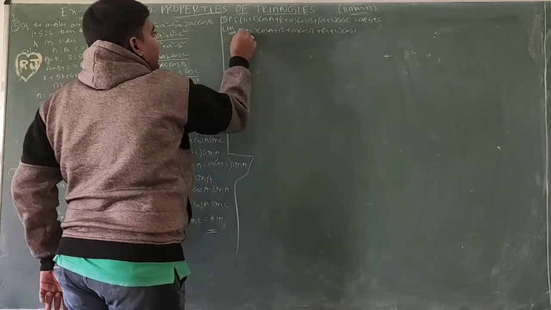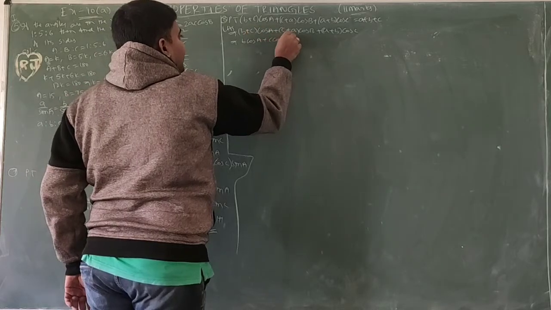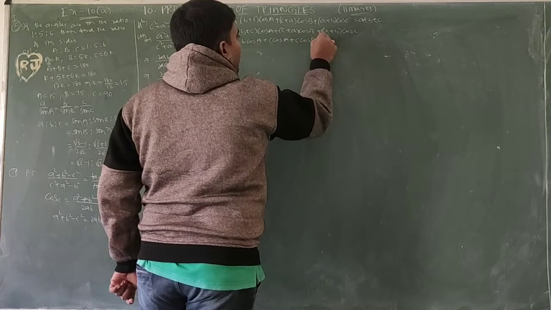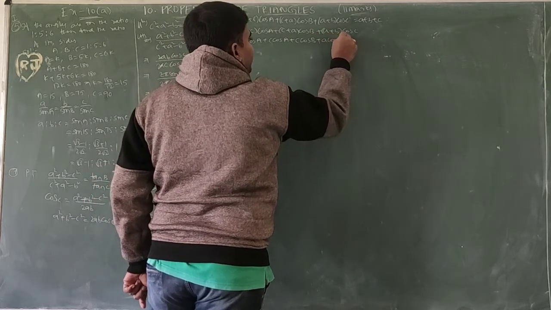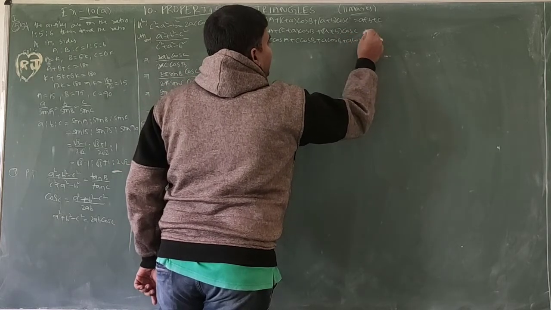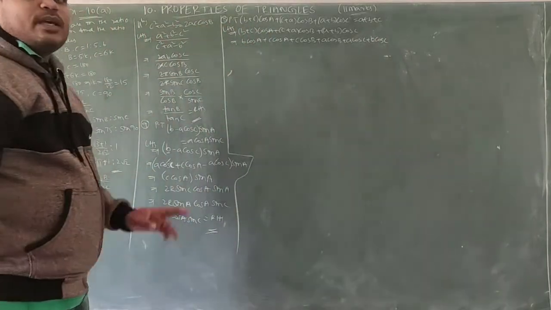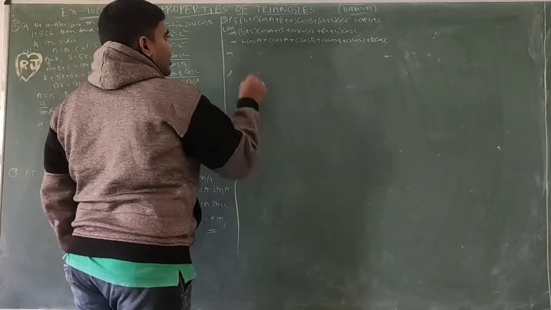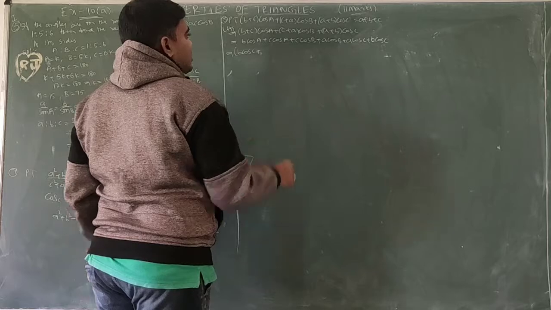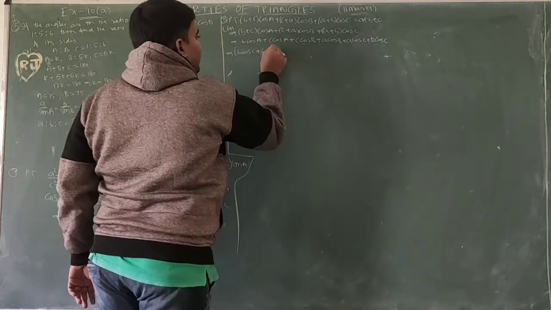So splitting: b cos A plus c cos A plus c cos B plus a cos B plus a cos C plus b cos C. So I want to take a BC combination wherever it is: b cos C plus c cos B, one bracket.